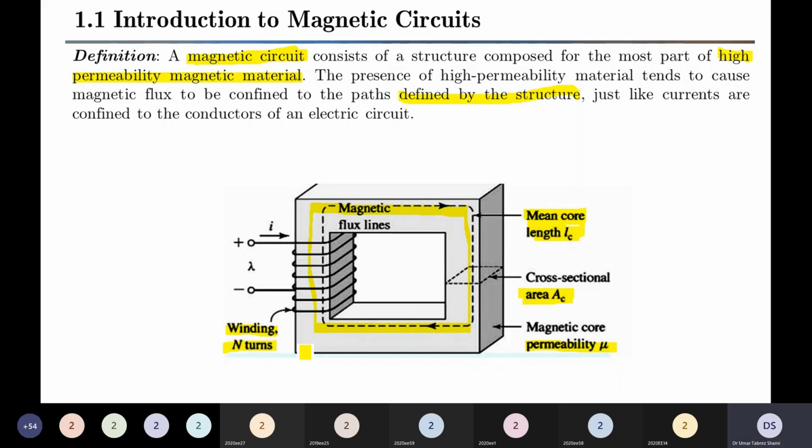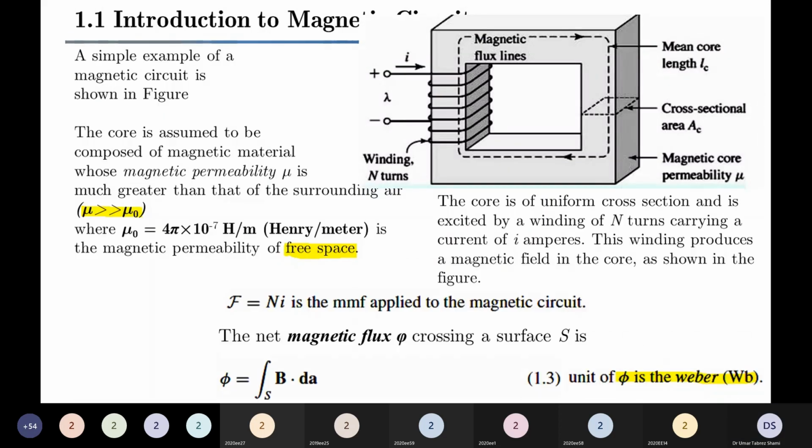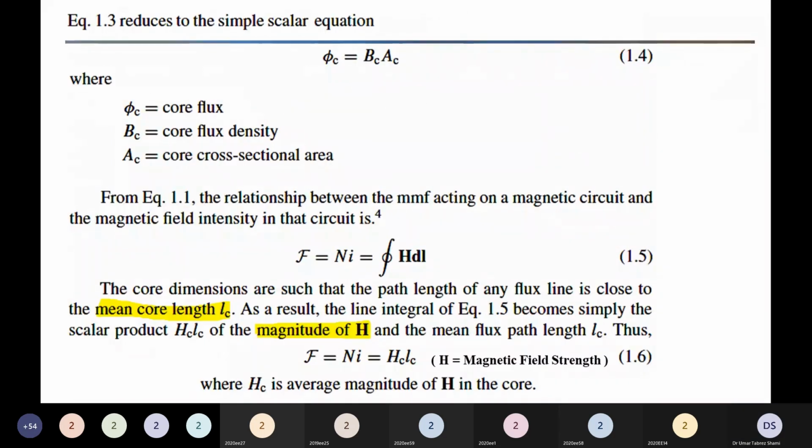That is, the magnetic field intensity multiplied by the core length. H, the magnetic field intensity, is also called the magnetic field strength.